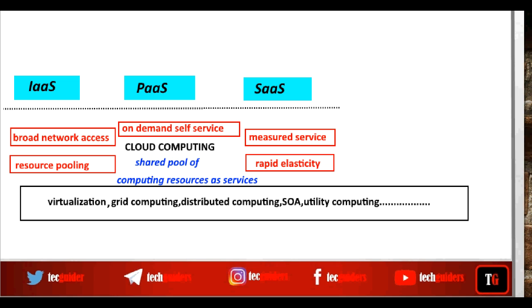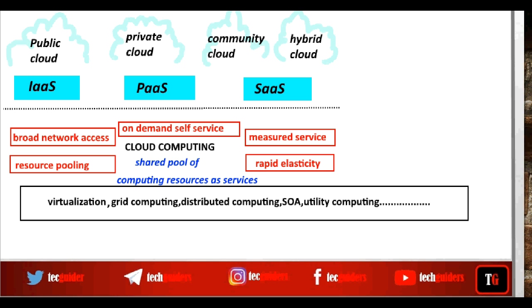And cloud has four deployment models: public cloud, private cloud, community cloud, and hybrid cloud. So now cloud is not just a mechanism or approach for service delivery. It is now a business model for service delivery powered by many new technologies. And cloud has five essential characteristics, three service models, and four deployment models.